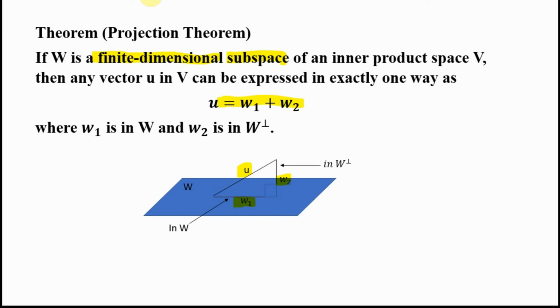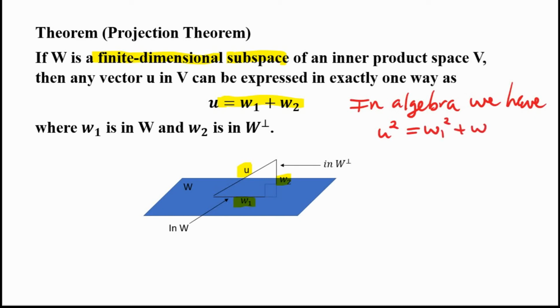Now in algebra, that just works itself out. You would work that out, and all you would get is that u squared is equal to w sub 1 squared plus w sub 2 squared.